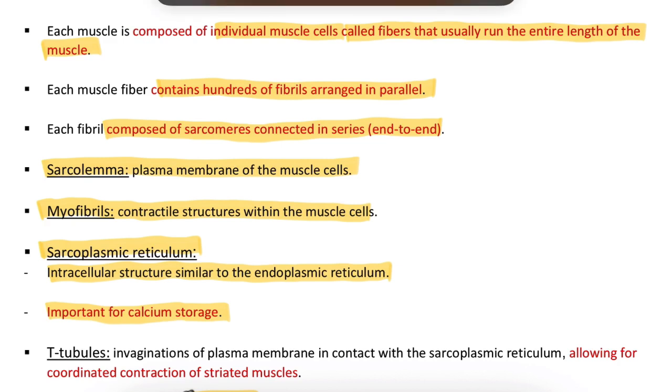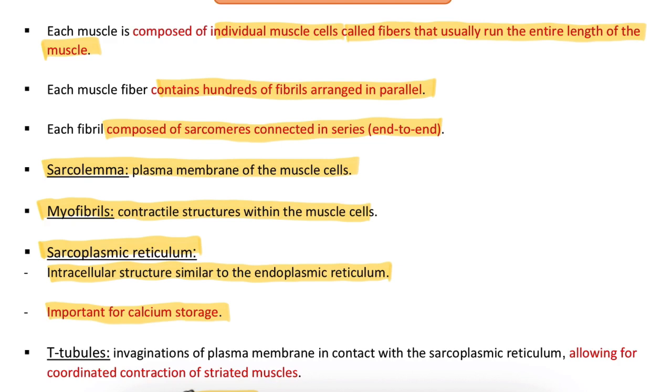In the sarcomere you can see the functional contractile unit of a muscle. The sarcomere, also known as the functional contractile unit of a muscle, is composed of thick and thin filaments. Thick means myosin, and thin means actin.